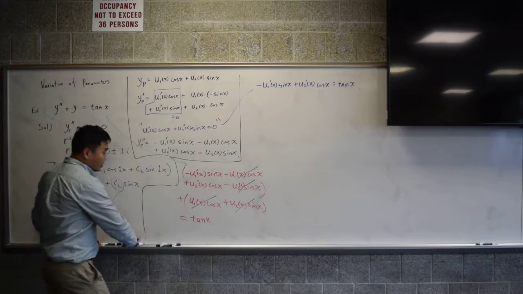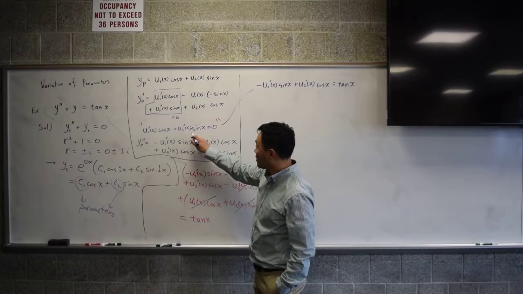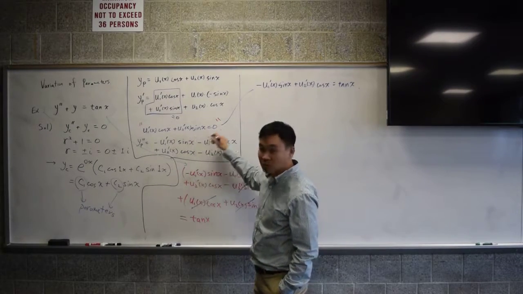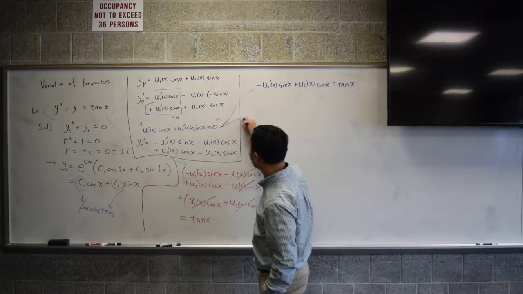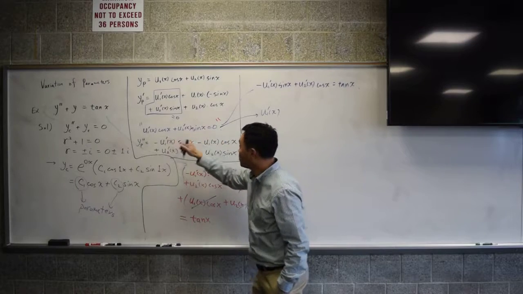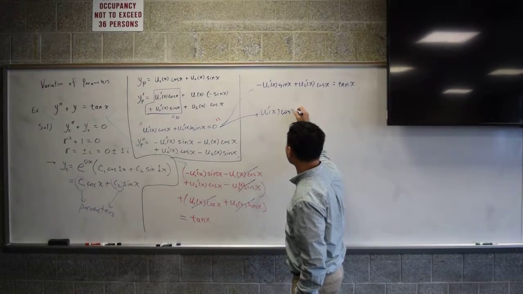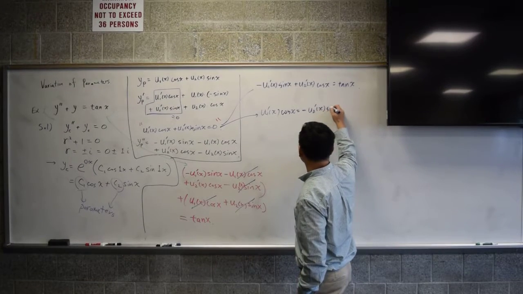All right, so now let's actually solve this. How do we solve this? Well, let's solve for one of the variables and plug into the next one. That's how you solve it, right? So let's try to solve this one for u1 prime of x. So u1 prime of x cosine of x is negative u2 prime of x sine x.